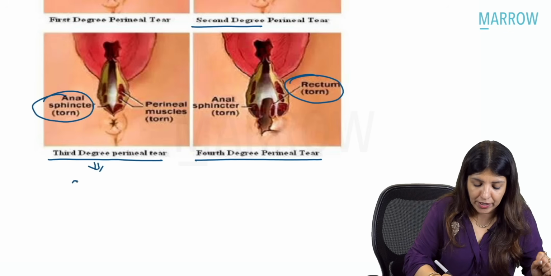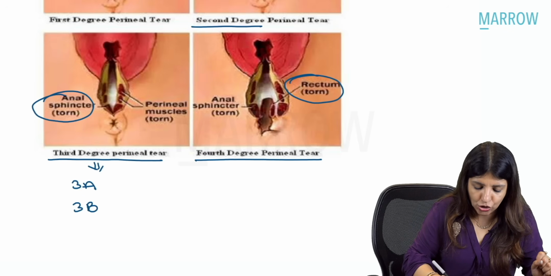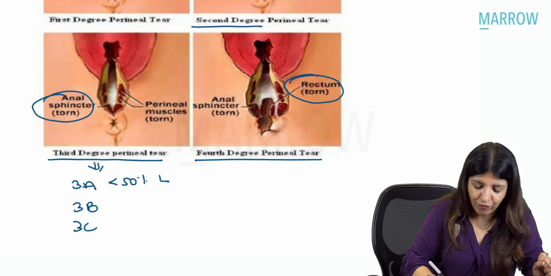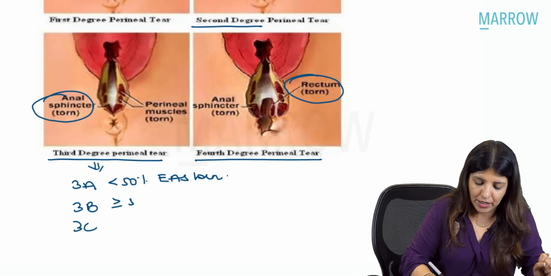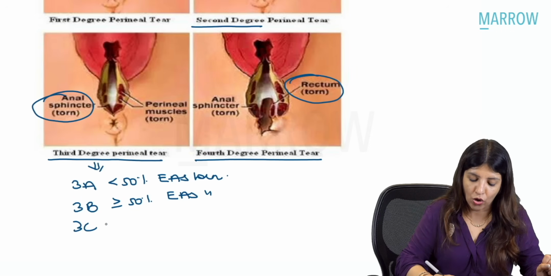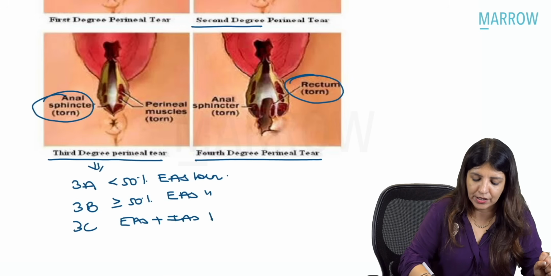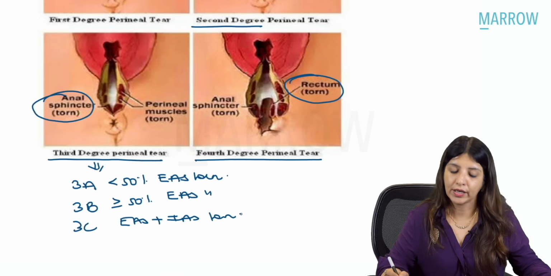In third degree perineal tear, we have 3A, 3B, 3C. 3A means less than 50% of external anal sphincter torn. 3B means more than or equal to 50% of external anal sphincter torn. And 3C means external anal sphincter plus internal anal sphincter torn.